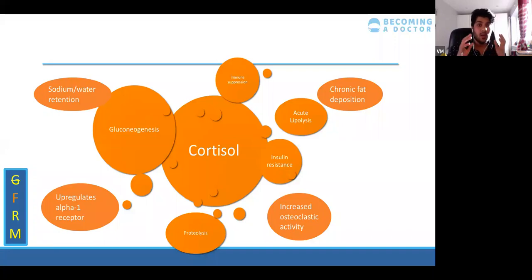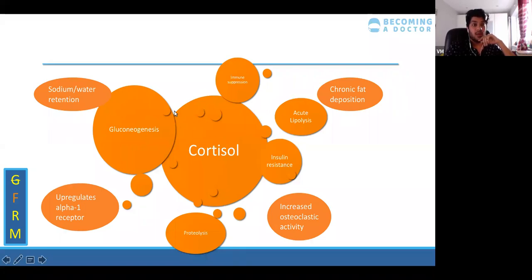It breaks down triglycerides into free fatty acids acutely, but evidence has shown that cortisol over a long period of time can cause fat deposition all across the body. It suppresses our immune system, and it increases our osteoclastic activity. And osteoclasts are the cells that break down bone. So keep that in mind when we're thinking about cortisol pathology.